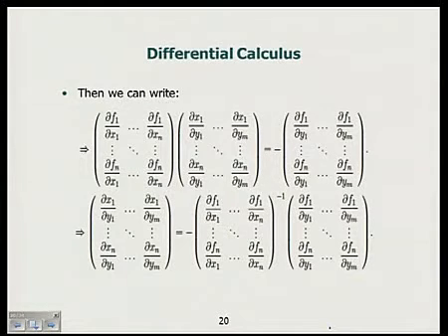Then we build matrices, but this time we want to build a derivative matrix, and we first have to introduce the meaning of all these symbols. The first matrix is the matrix of all the derivatives of the functions with respect to all the x variables. The second matrix is the partial derivative of the f1, fn functions with respect to the y1, ym.